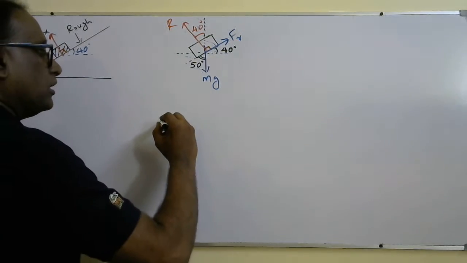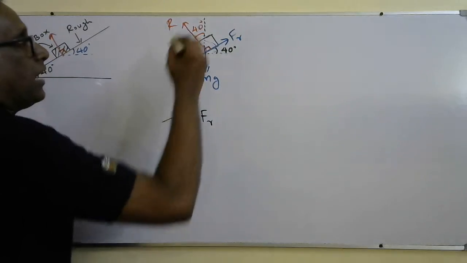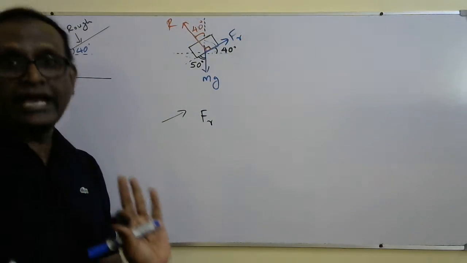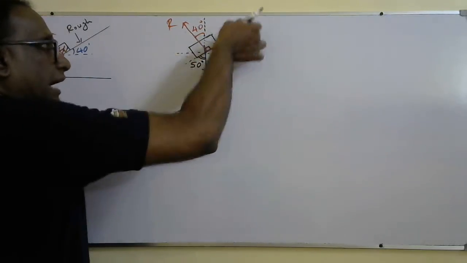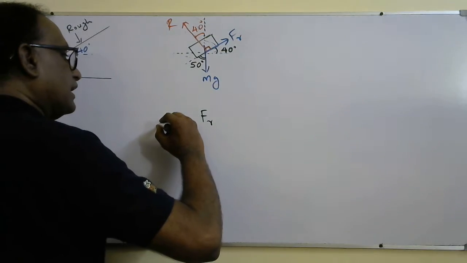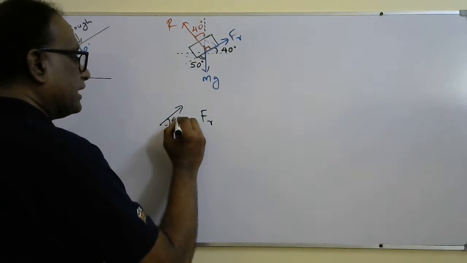So I'm going to resolve along this direction FR. R won't have any component because 90 degree, when you resolve it, it won't have any component. So FR, I am taking this way, right? I am resolving along this way. I can put an arrow like this. I am resolving along this direction, that is with the 40 degree.